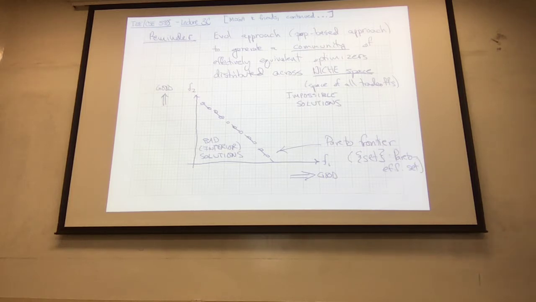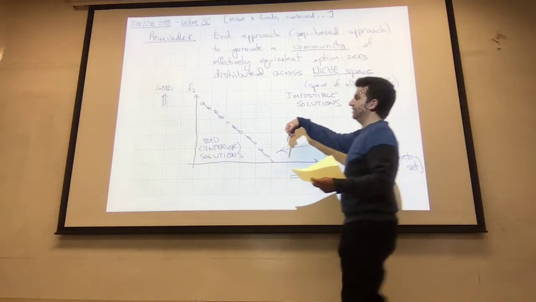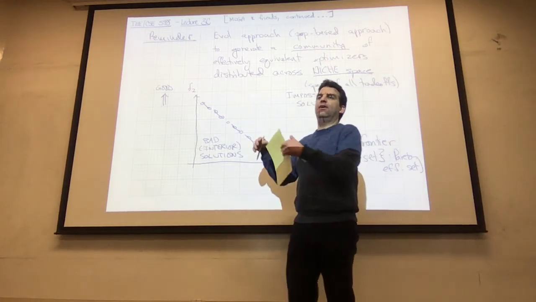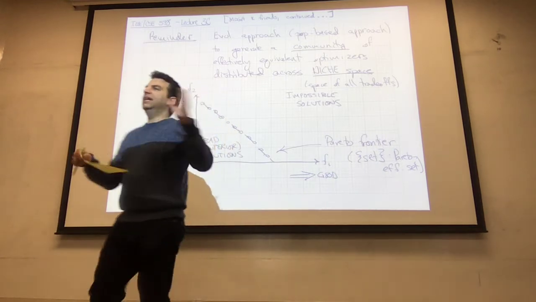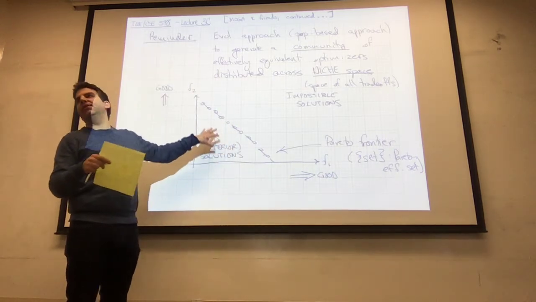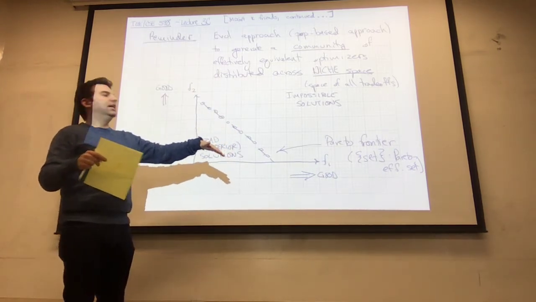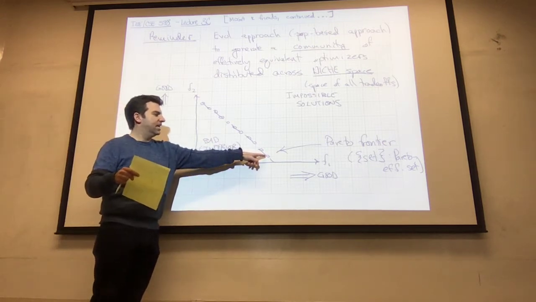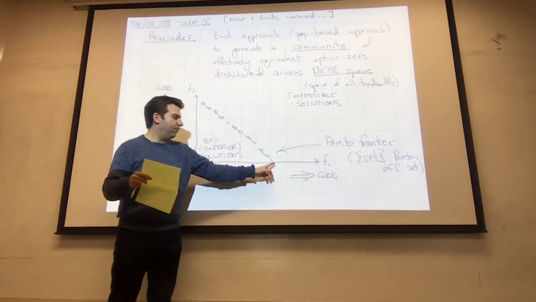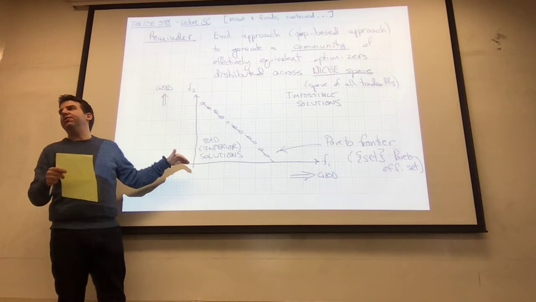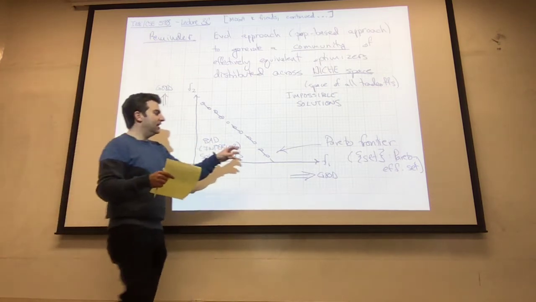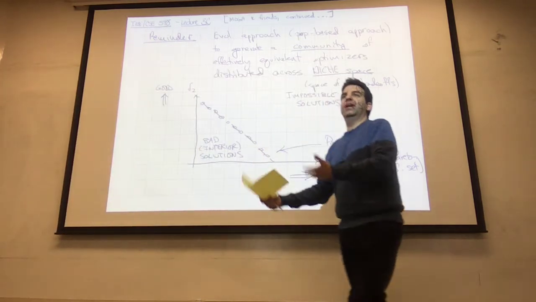We can think of these all as being equivalent in that they all achieve dominance of all of these solutions down here, but they do it in different ways. This solution does it by providing more of F1 while less of F2. So it realizes a trade-off between F1 and F2.